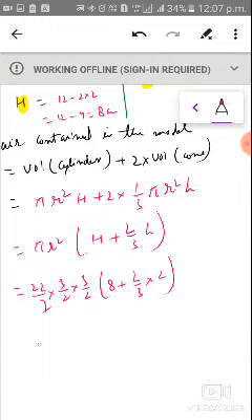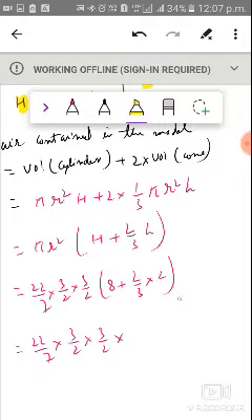Okay, so which we can write 22 by 7 multiply 3 by 2 multiply 3 by 2, and then this is multiply by taking LCM. Okay, taking LCM for these two, so this is 2 into 4 by 3 and this is 8, right? So when you will take LCM, that will be 3 into 8 is 24 and plus 4, that is 28.